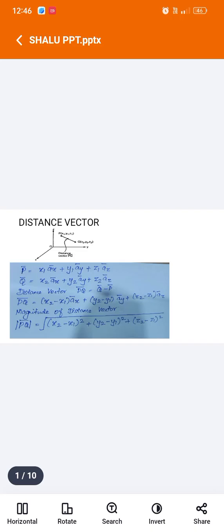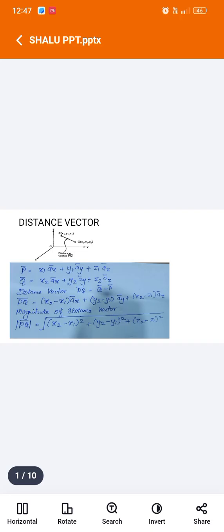Let us assume P vector is equal to x1 ax vector plus y1 ay vector plus z1 az vector. This is one vector. Then the another vector is Q vector equal to x2 ax vector plus y2 ay vector plus z2 az vector. Then the distance vector is equal to Q vector minus P vector.